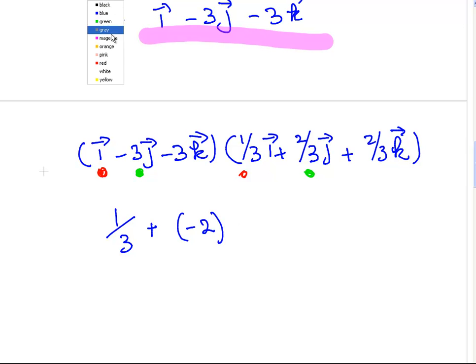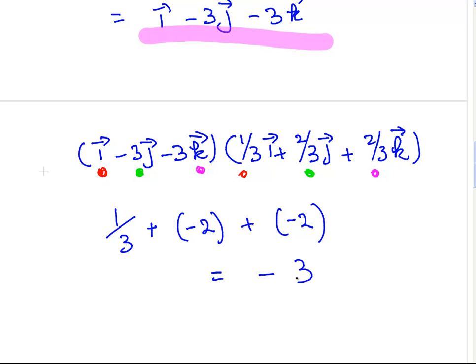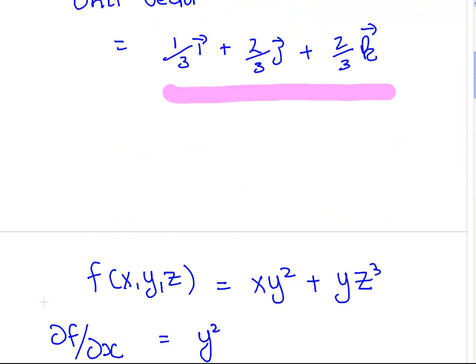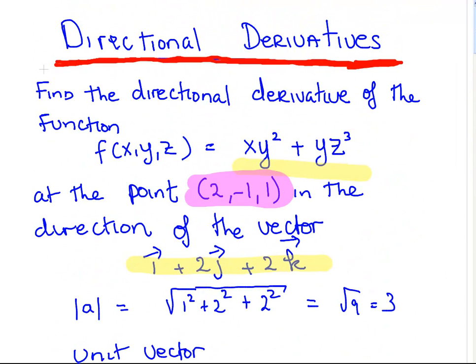And finally, minus 3 times 2/3, that's also minus 2. So the answer we get is minus 3 and 2/3. Okay, so that is the directional derivative of the function at that point in that direction.